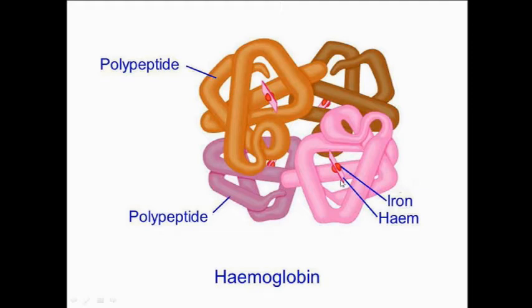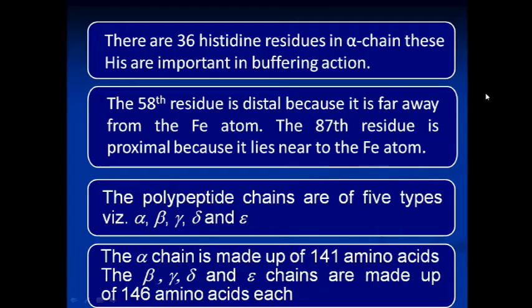This is the heme and this is the iron. This prosthetic group is called iron porphyrin heme. The distal and proximal histidine residues lie near the Fe, and histidine has a very important role in the binding of oxygen.